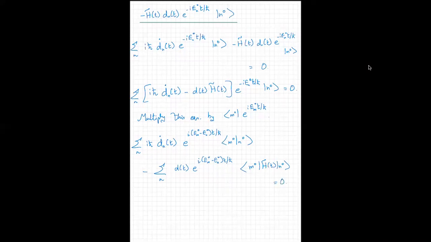Now the first part is easy. This is just delta mn. So the first part is not a sum anymore. It is just one particular term with m equal to n.